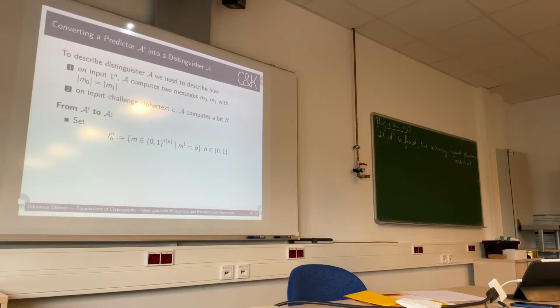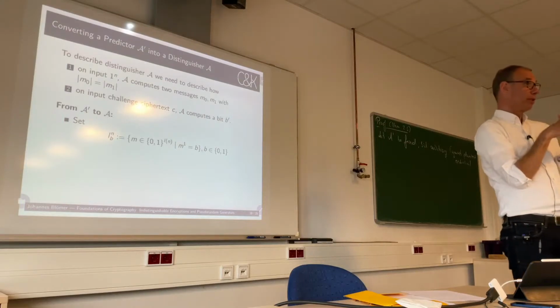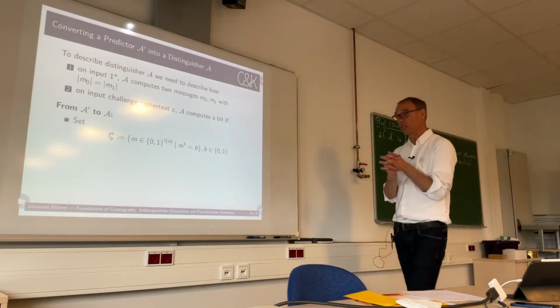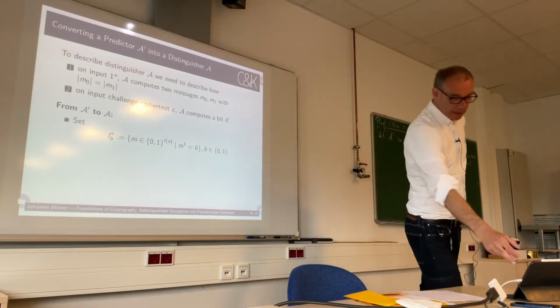Depending on what it predicts, I just output whether it was M0 or M1. Right? That seems like the obvious way to use my predictor to get a distinguisher: use messages M0 and M1 that have different first bits. And I'm free to do that, as we'll see. So, okay, we do that.